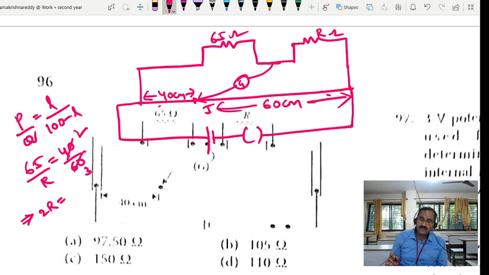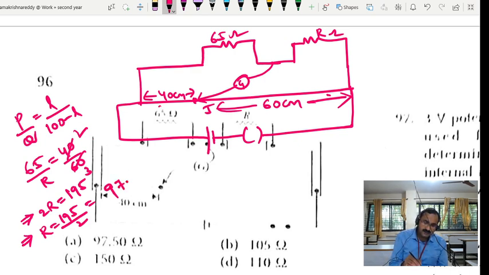So P by Q is equal to L divided by 100 minus L only. This is what we write normally to calculate that. Therefore 2R is equal to 195, cross multiplication. Therefore R is equal to 195 by 2.